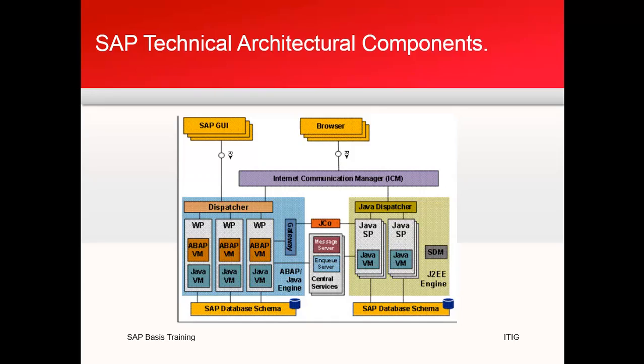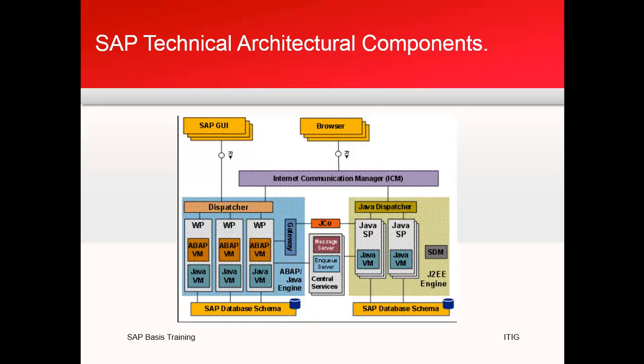The first thing you get into is the Internet Communication Manager. This takes you to the Java dispatcher, which in turn talks to the server process, and you have SDM, the Software Deployment Manager, running as well. This J2EE system will connect to the database as and when required by the application.